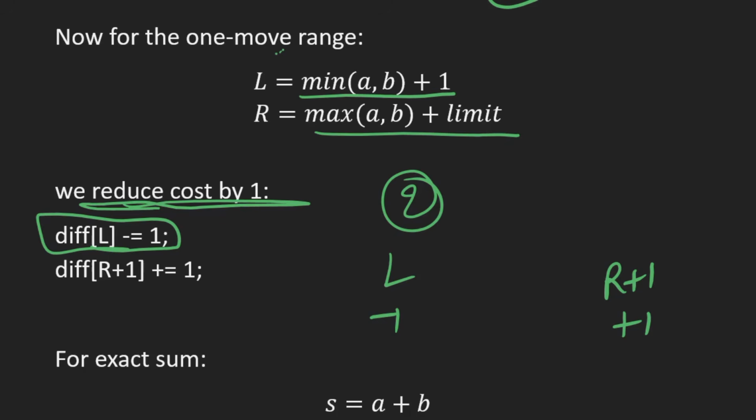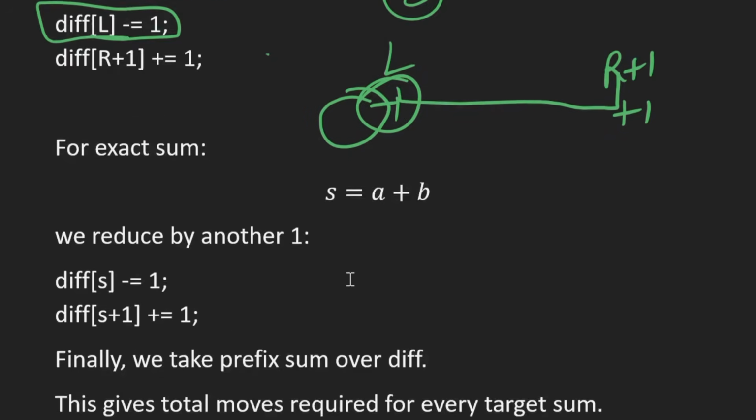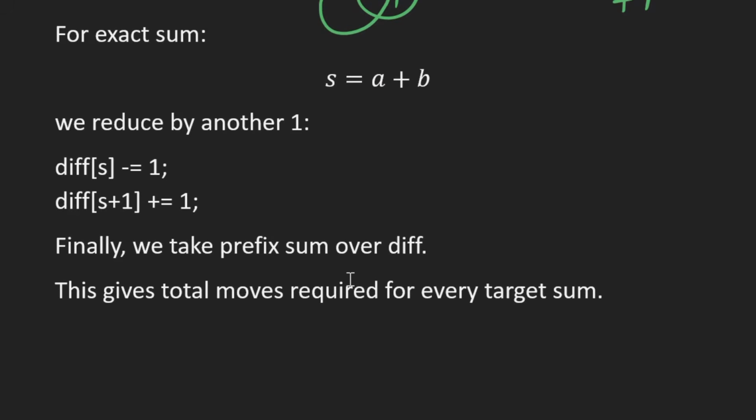So when we do prefix sum, all the elements in the range L to R will be reduced by minus 1, right?